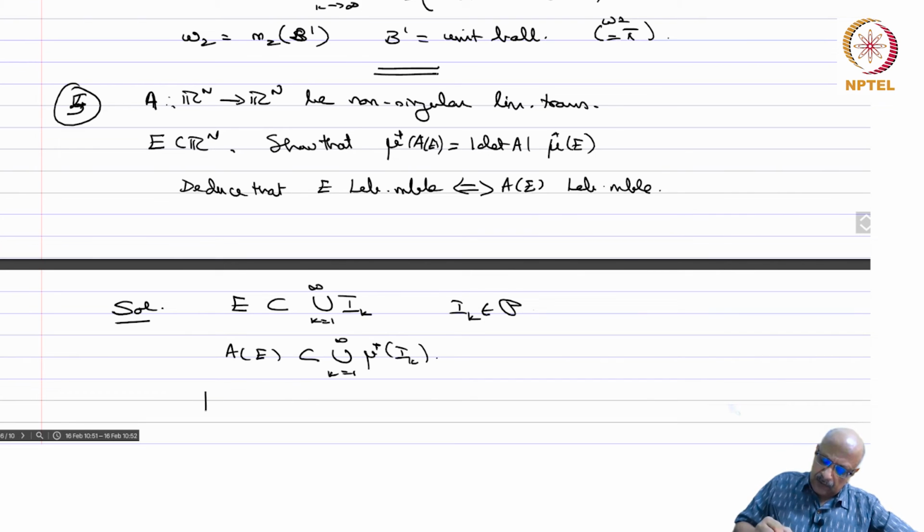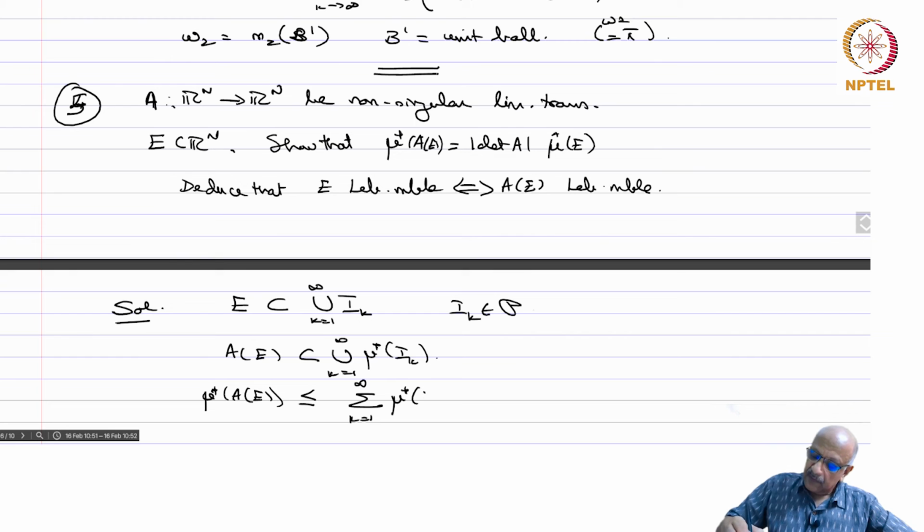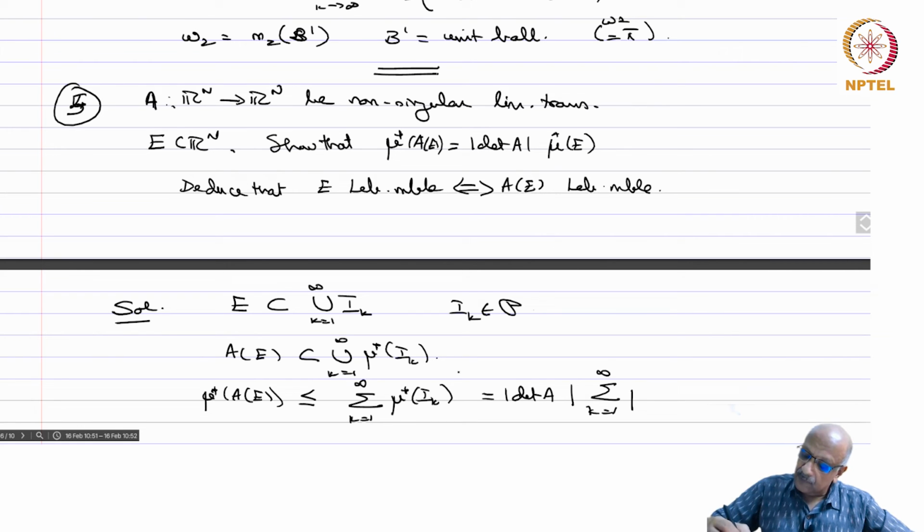So mu star of AE, by subadditivity, is less than or equal to sigma k equals 1 to infinity of mu star of A of Ik, which is equal to mod determinant of A, sigma mu star of Ik.